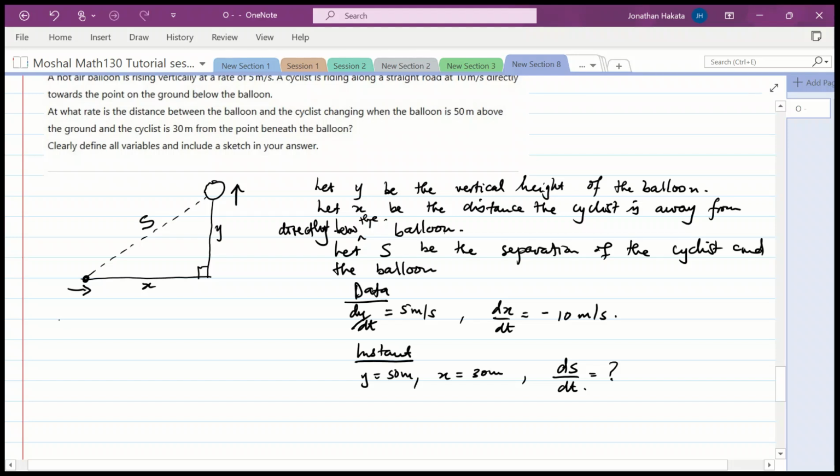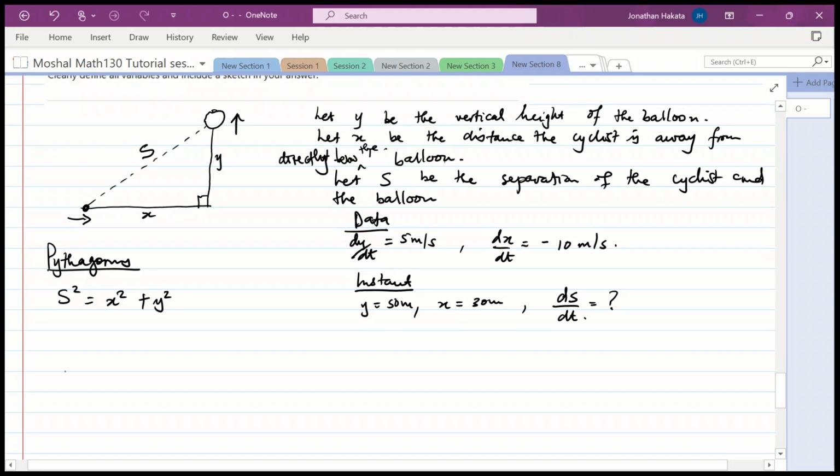So again, using Pythagoras, s squared is equal to x squared plus y squared, and then carrying out implicit differentiation, you have 2s ds/dt equal to 2x dx/dt plus 2y dy/dt. We want ds/dt to be the subject, so divide everywhere by 2s.